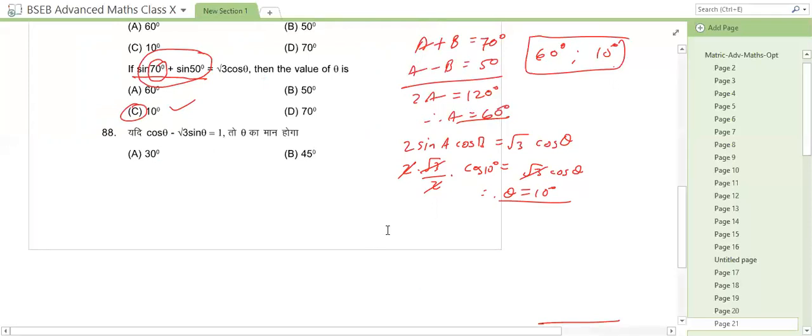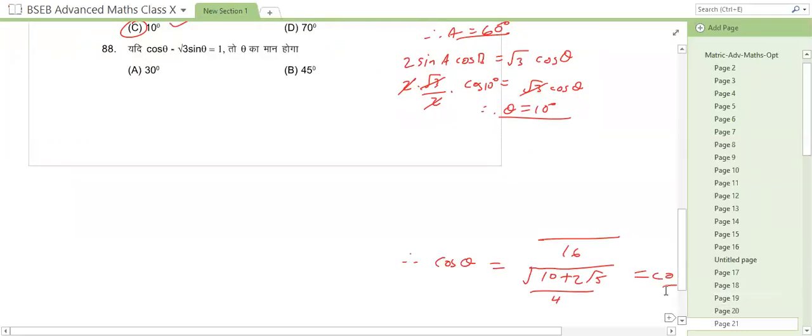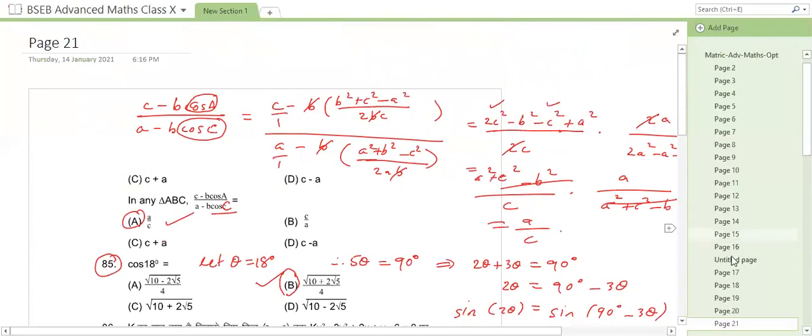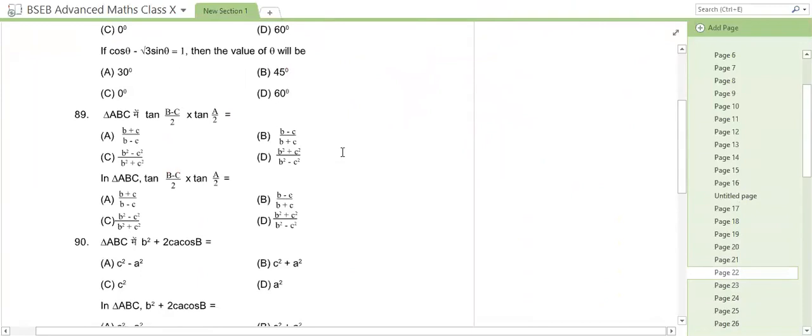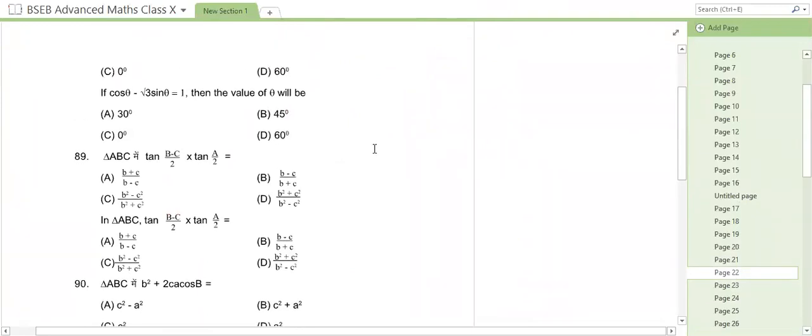Question number 88. Cos theta minus root 3 sin theta is equal to 1. I think, yeah, it's a good problem as well. If we divide both sides of the equation by 2, we will have half cos theta minus root 3 over 2 sin theta is equal to half.